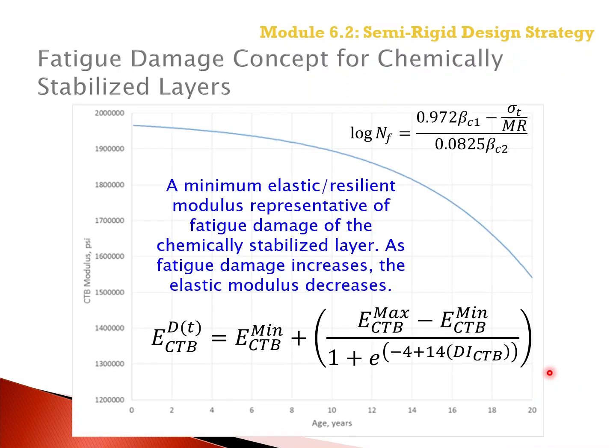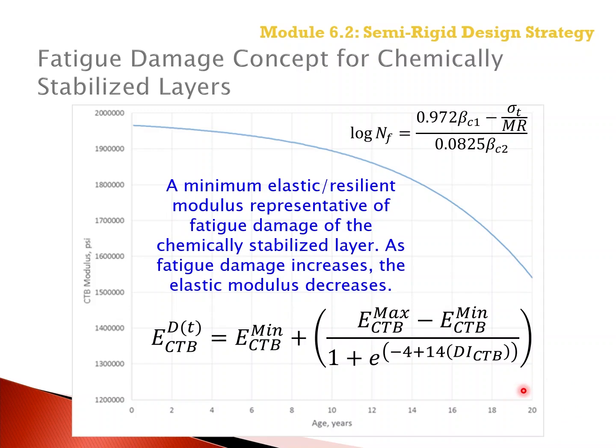So in concept, we're going to go through what this means if a minimum elastic modulus value is used. What does that mean in terms of fatigue damage and design for a semi-rigid pavement? So this graph shows the concept of the elastic modulus reduction with increases in fatigue damage.